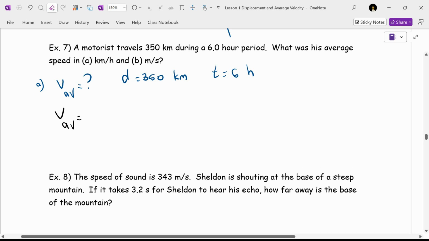Average speed is distance over time. What's the distance as a number exactly, Annie? What's the time? What's our speed in kilometers per hour?